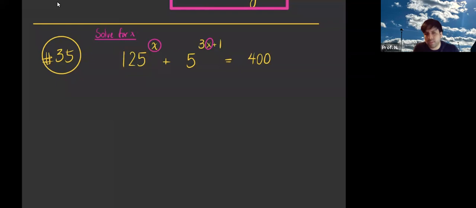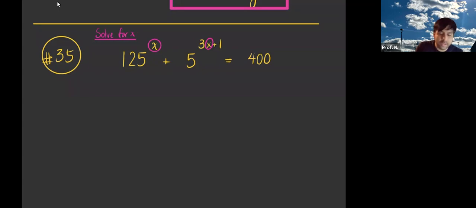How do I know that? I know some of the powers of 5. Like I mentioned before, you should have an idea of the powers of 2, 3, 4, 5, 6. You should have a list of the powers, so 125, you should know, is 5 cubed. You should be able to recognize that.